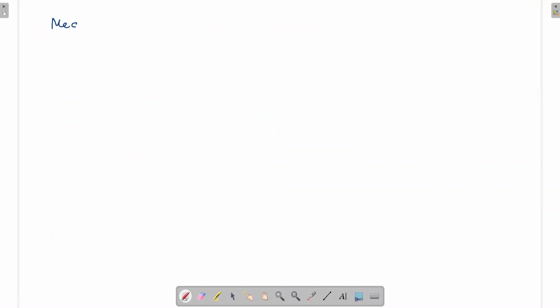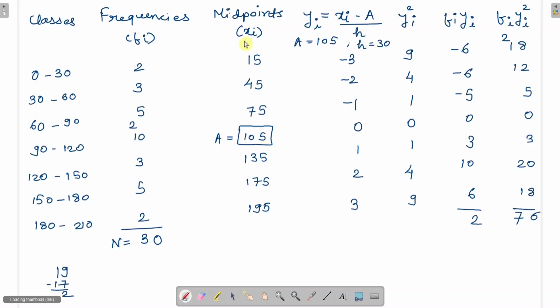So mean, that is x bar, is equal to assumed mean plus summation i going from 1 to, how many values are there? 1, 2, 3, 4, 5, 6, 7.